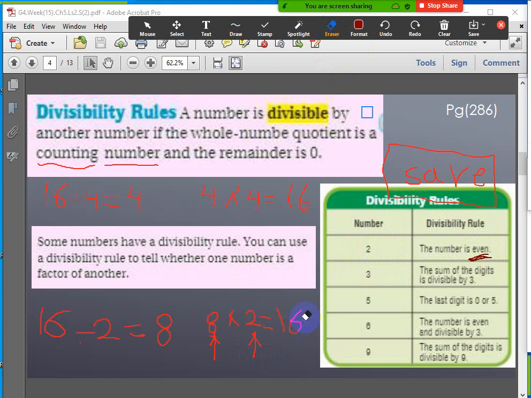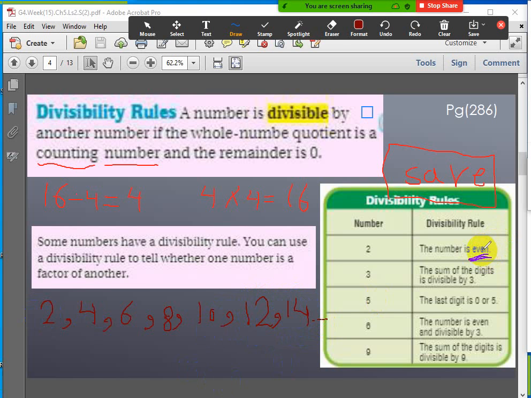Look girls, I will erase those. What are even numbers? Even numbers are 2, 4, 6, 8, 10, 12, 14, etc. We name those numbers even numbers.